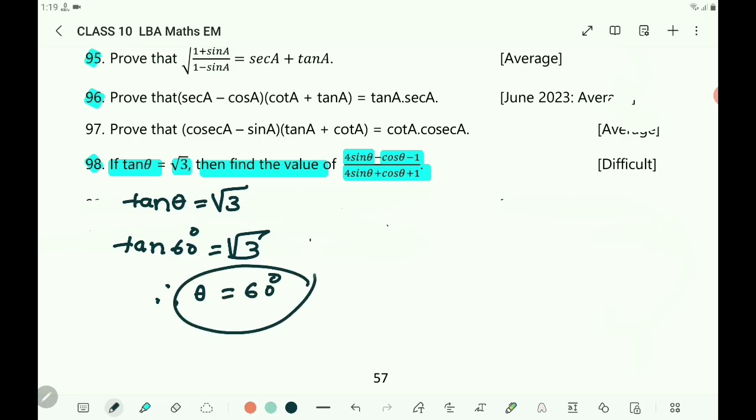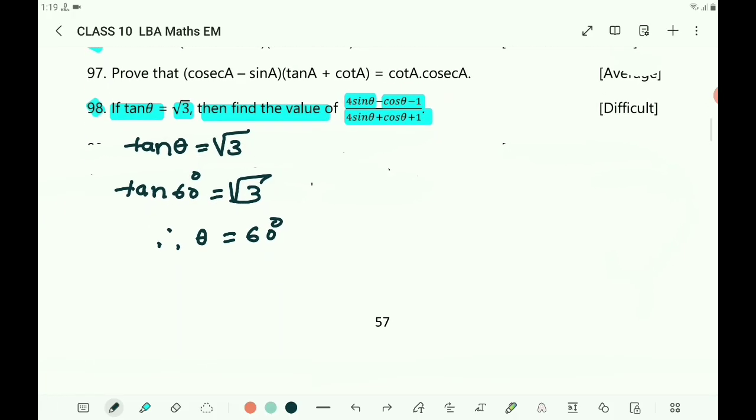By using this theta, by using that 60 degree, you can get the value of 4 sin theta minus cos theta minus 1 by 4 sin theta plus cos theta plus 1.